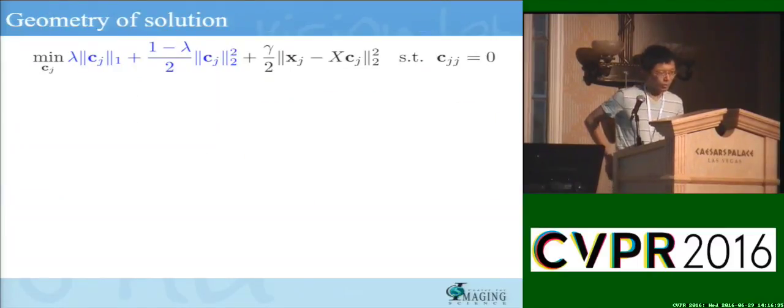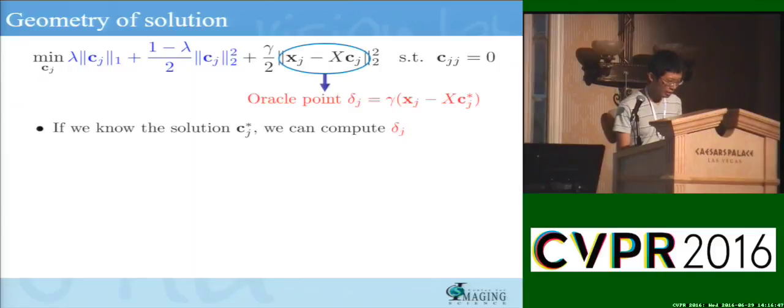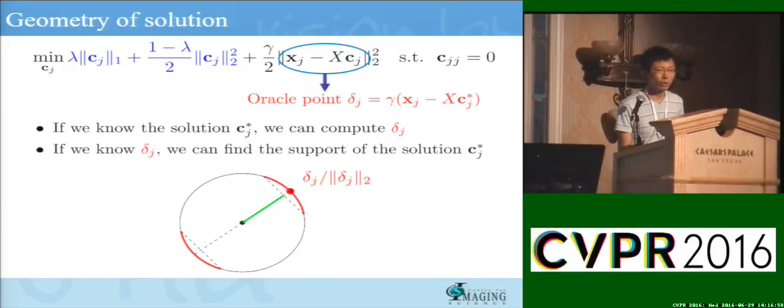Okay, now we enter the technical part of the talk, and I will start with an interesting observation on the geometry of the solution of this elastic net problem. Specifically, we identify the concept of the so-called oracle point, which is computed from the optimal solution. We identify this concept because it reveals the structure of the solution, in the sense that a point in the dictionary X has non-zero coefficient if and only if the point X is close to the oracle point.